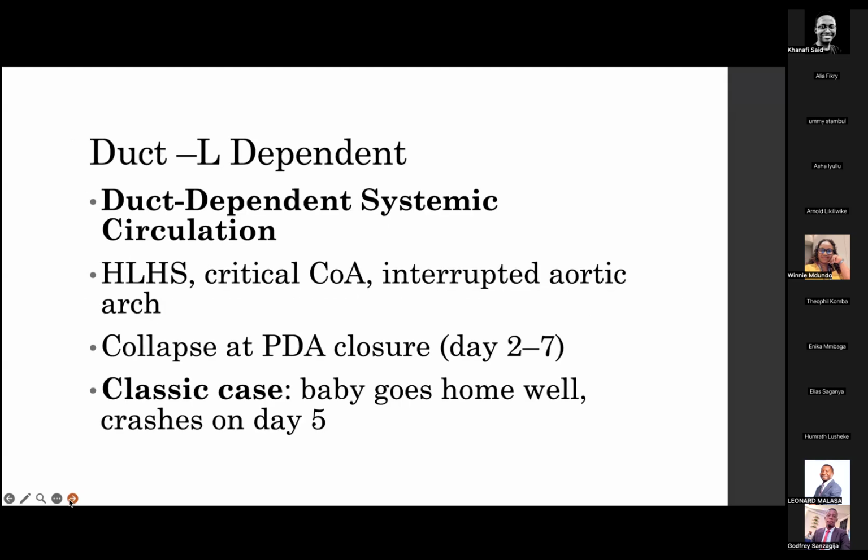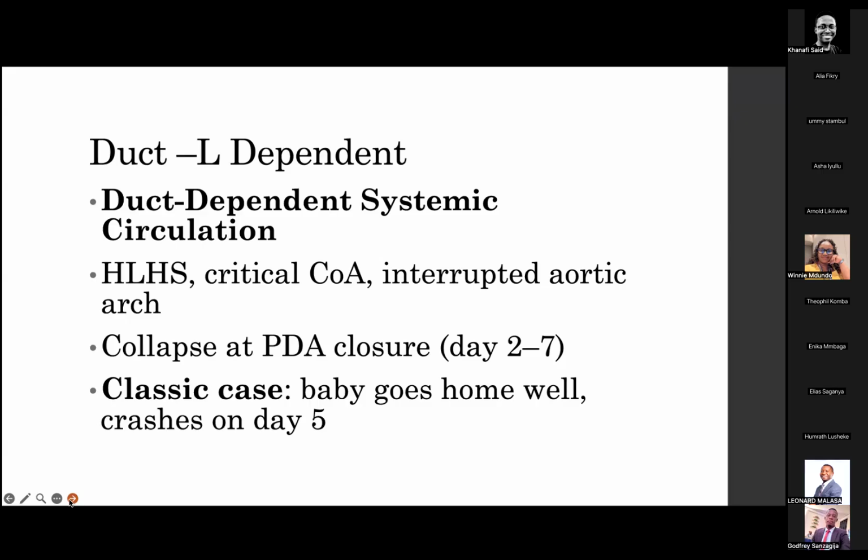Now, when we talk about ductal dependent lesions, these are the lesions which will require the ductus to be open. And these are especially the ones which will present at less than 1 month. If it's a systemic lesion, you will have a baby which goes home well and crashes on day 5 because the ductus closed off.